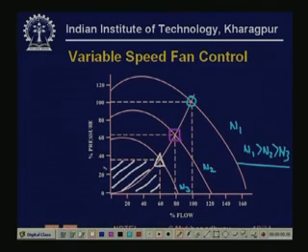So, this is the energy for the first operating point, similarly for the second operating point, and for the third operating point.